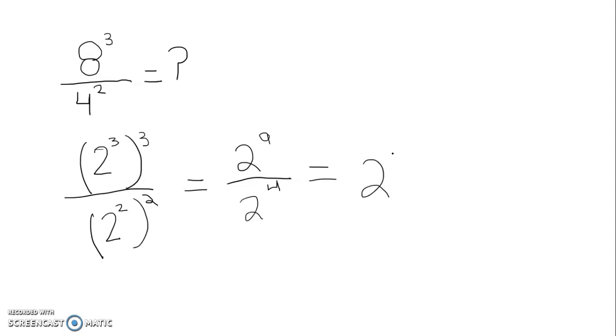So it's equal to 2 to the 9 minus 4, which is equal to 2 to the 5th power. So basically, 8 cubed divided by 4 squared is equivalent to 2 to the 5th power.